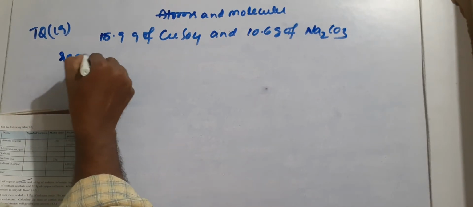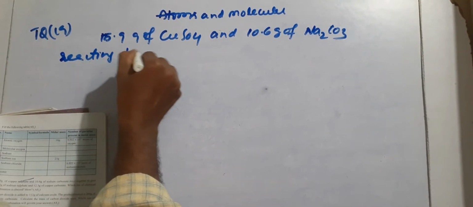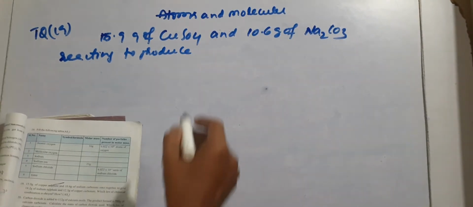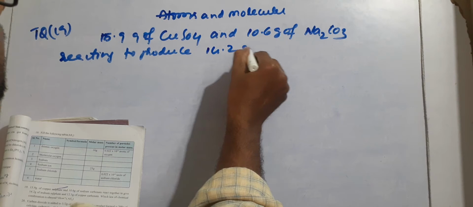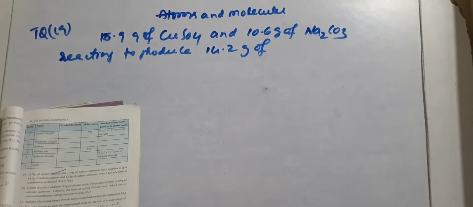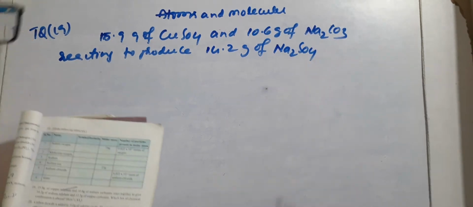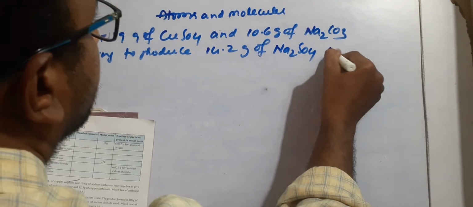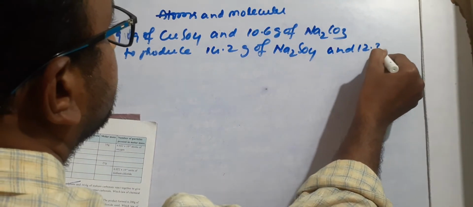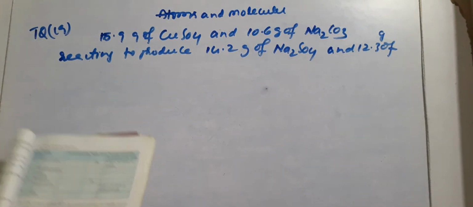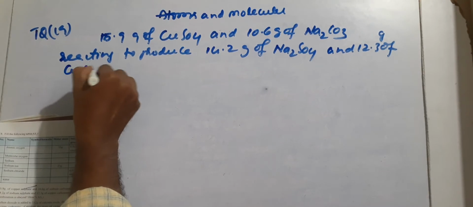These two are reacting to produce 14.2 grams of sodium sulfate, Na2SO4, and 12.3 grams of copper carbonate.